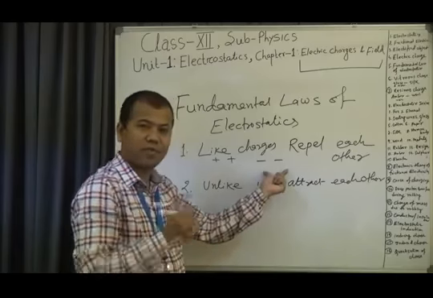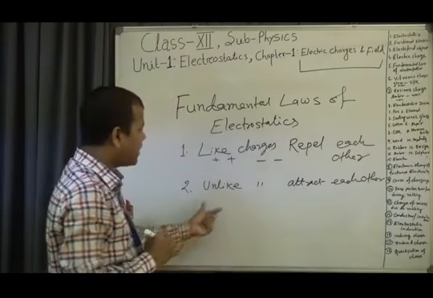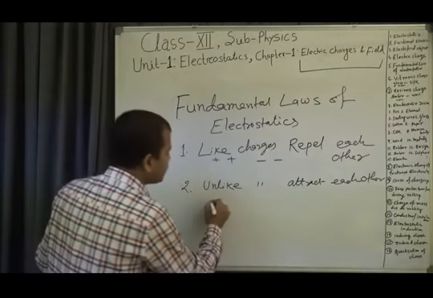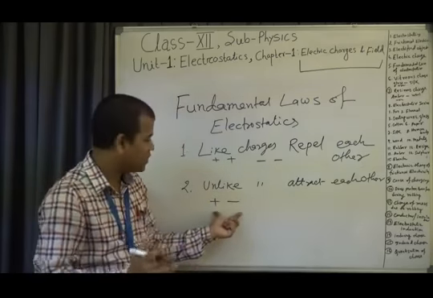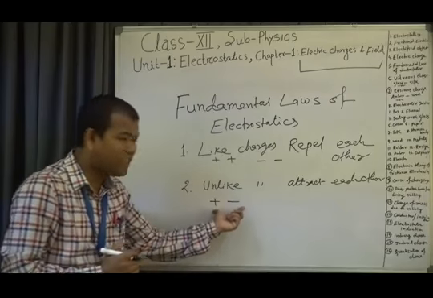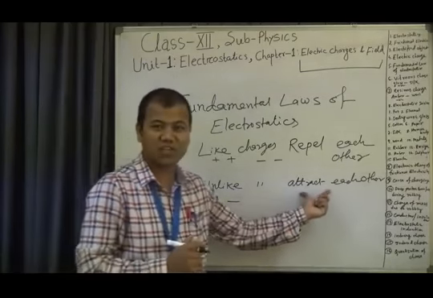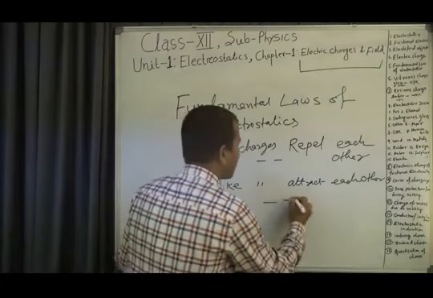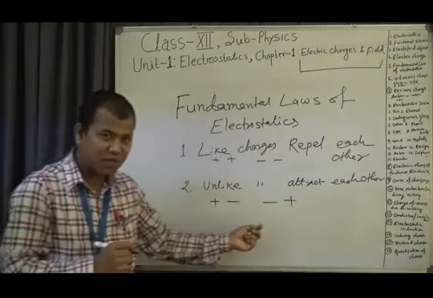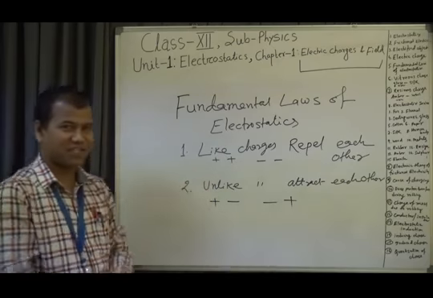Negative and negative, yes, they will repel. But in case of unlike charges, suppose positive and negative, they are different, opposite. They are the unlike charges. So what will they do? They will attract each other, plus minus or minus and plus. Obviously they will attract.